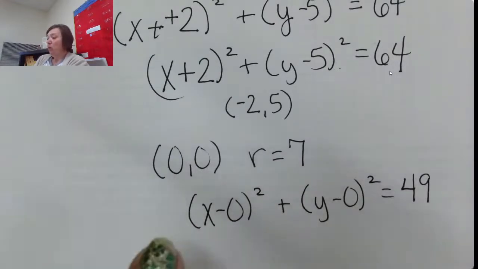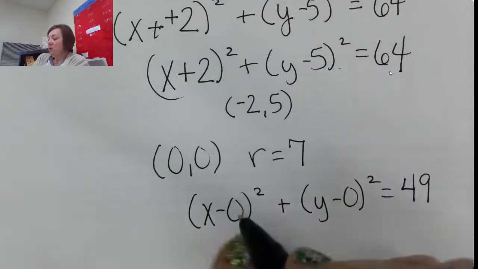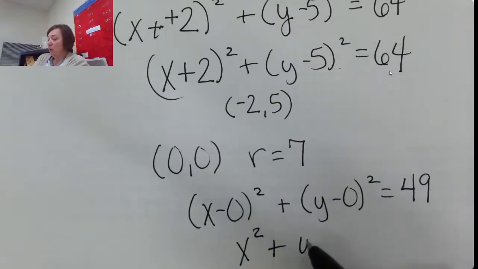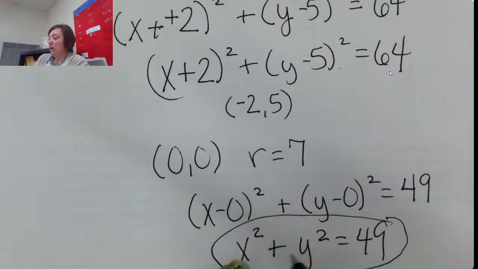Well, what do you get when you do x minus 0? You just get x. So that's just going to be x squared, and this is just going to be y squared. So if you see one that looks like this, you'll know that the x and y for your center are 0 and 0.